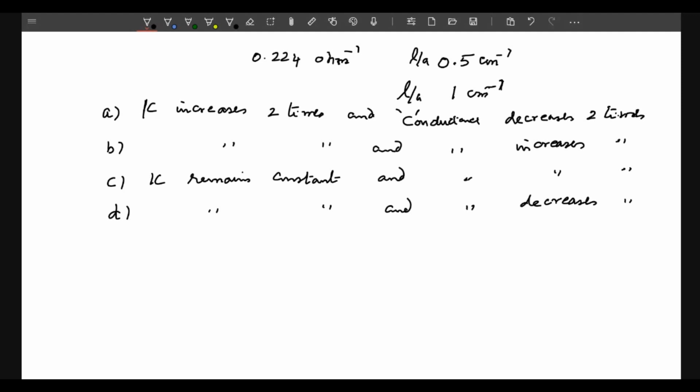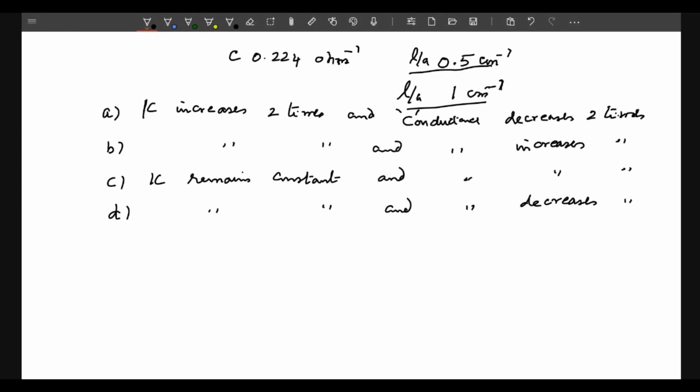Sir, how to answer this? Here you are getting 2 types of cell constant. You are measuring this conductance. What about the kappa? I have already told you, if you take potassium chloride, whatever may be the concentration you are taking, its kappa value would be the same. That is, specific conductance would be there.